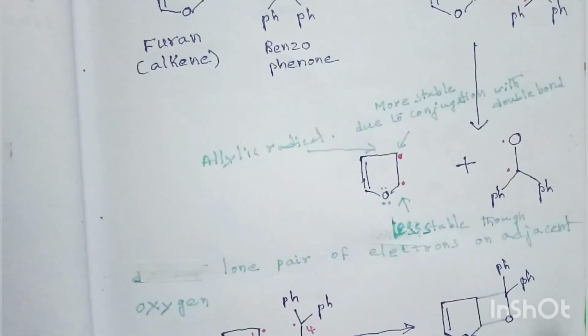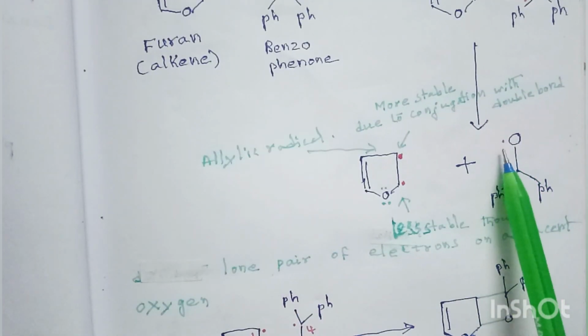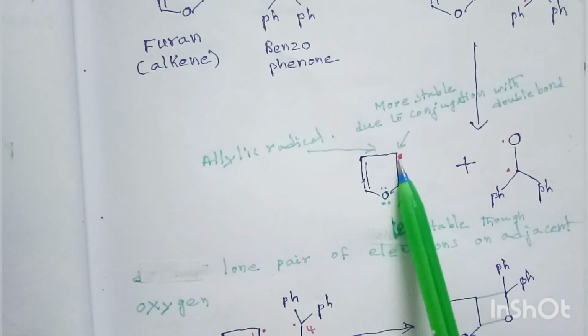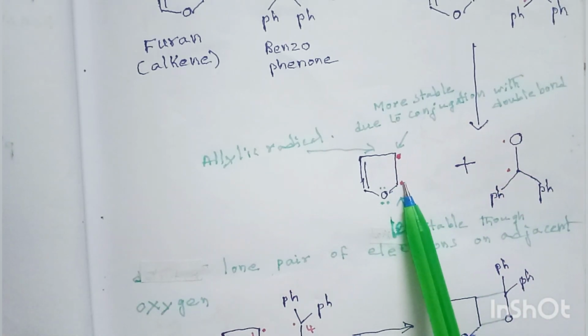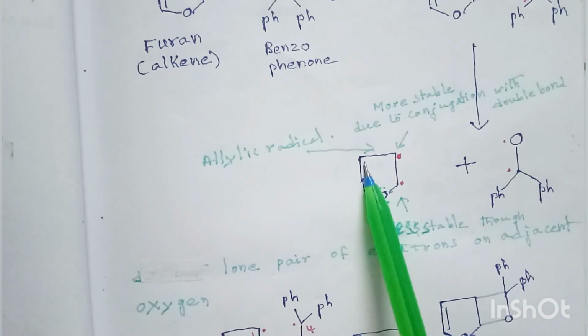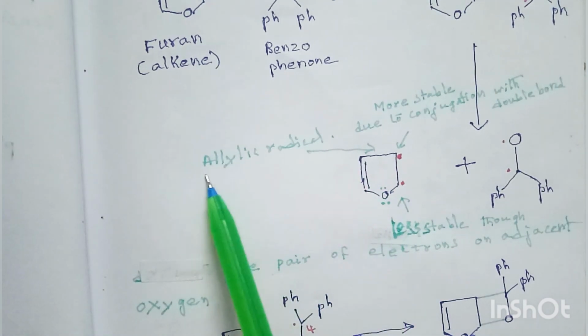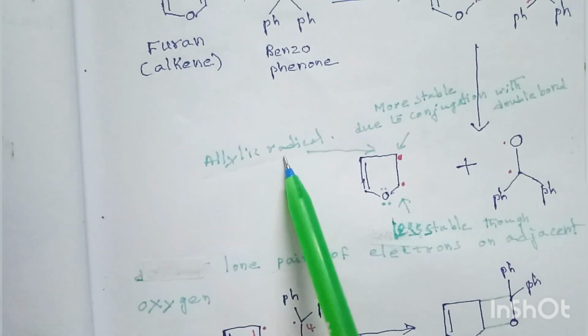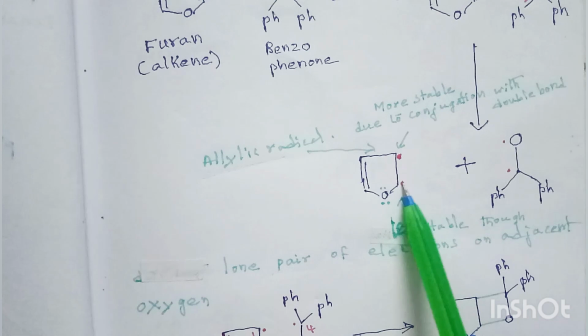Next, this oxygen radical is less stable. Now we have two radicals on this compound. This radical is more stable because it is in conjugation with a double bond. That is, it is an allylic radical. This radical is also stable, but not as stable as the allylic radical.